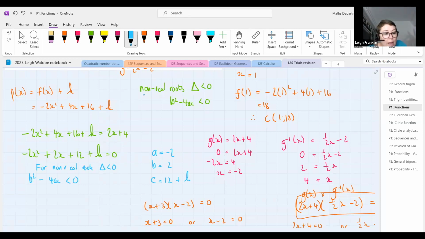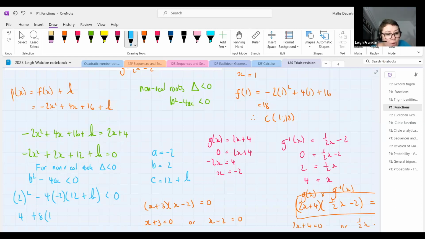So b squared is going to be 2 squared minus 4. A is equal to negative 2. And c is equal to 12 plus k, smaller than 0. So 2 squared is 4. It's easier for us to multiply these two numbers together. So negative 4 times negative 2 is positive 8.